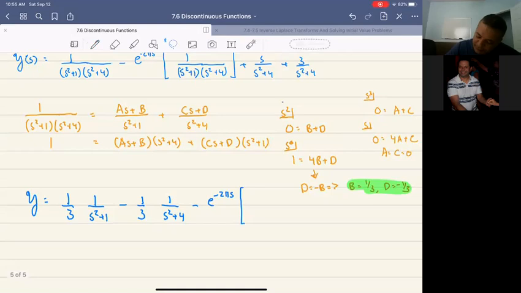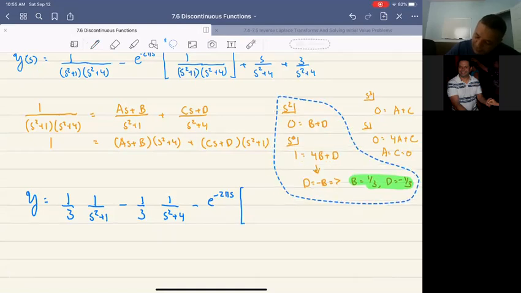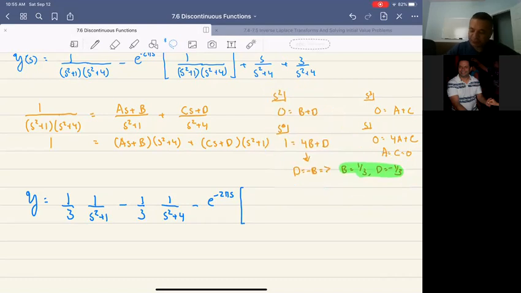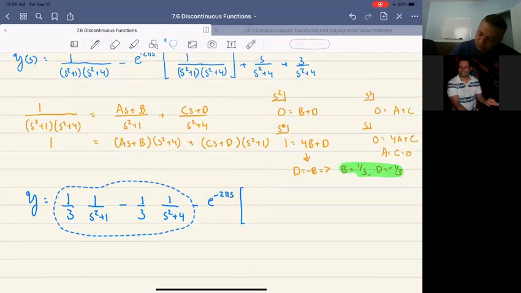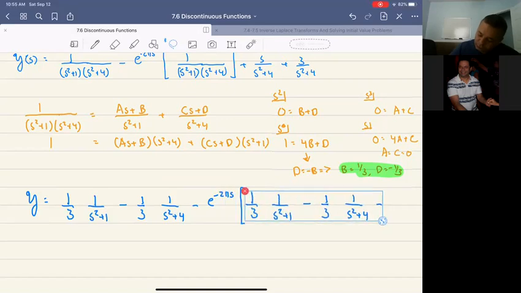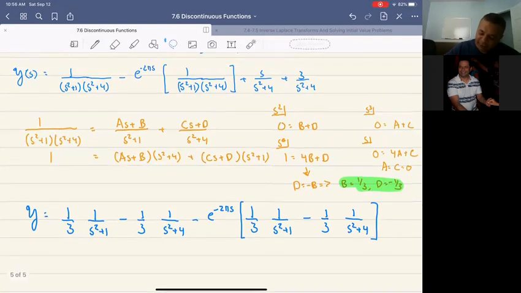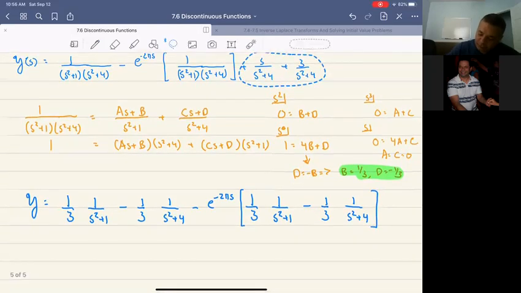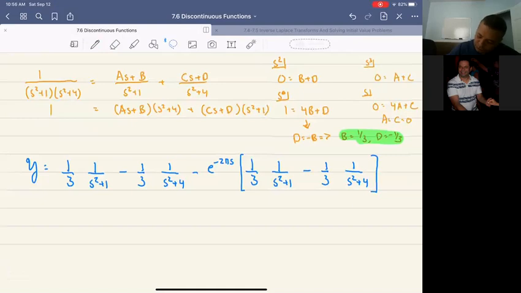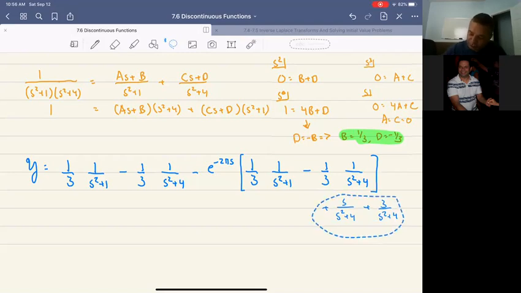Move this up a little bit to get it out of the way. Okay, so that's going to be the same thing as this. And then we still get these pieces on the end. Okay, make it match up.